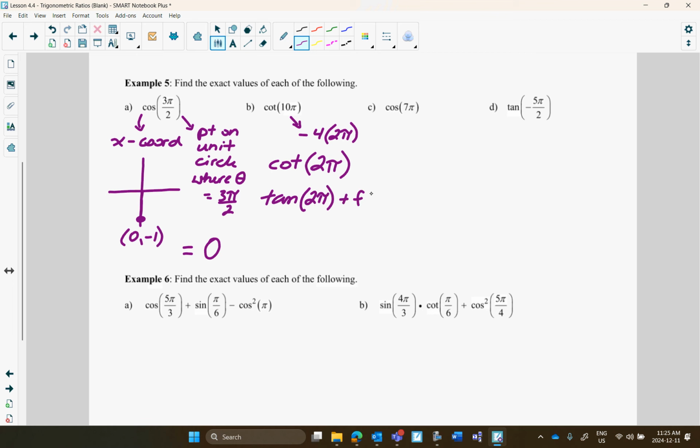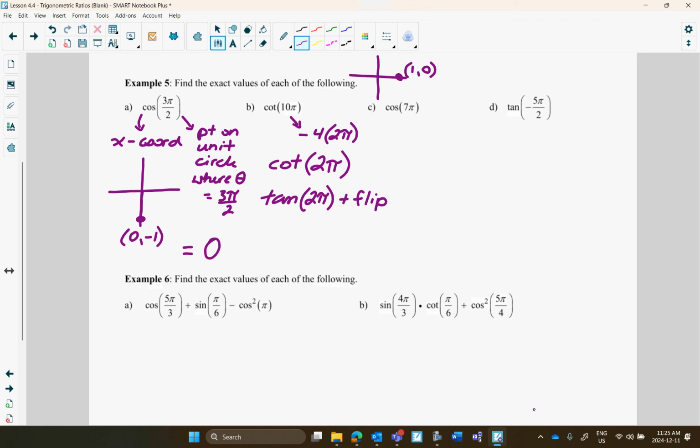And because cotangent and tangent are inverses of each other, I find tan of 2 pi and flip it. Well, what's the tan of 2 pi? 2 pi is here, right? 1, 0.